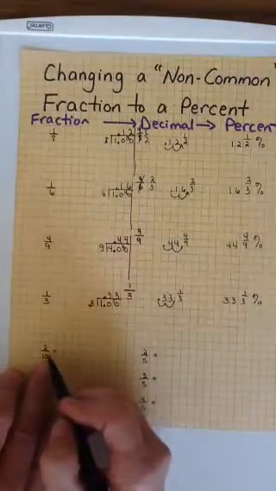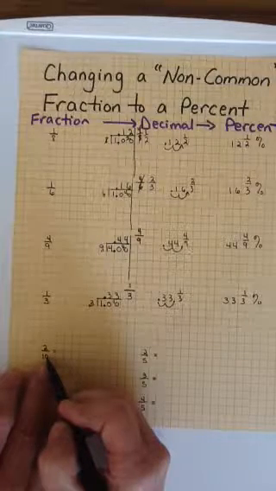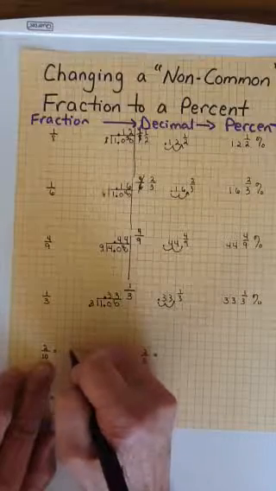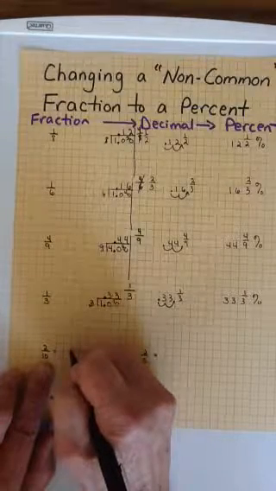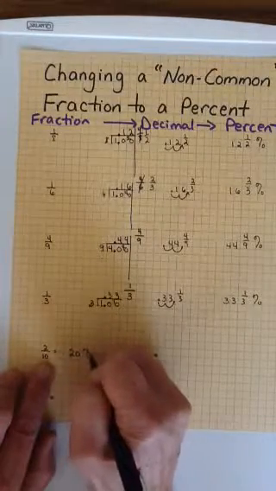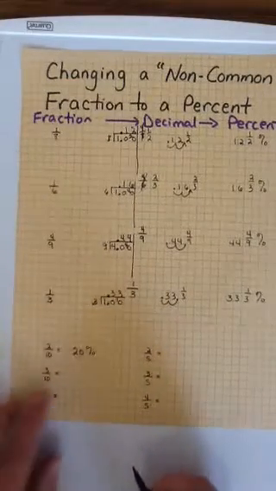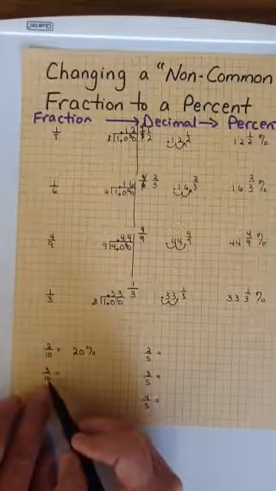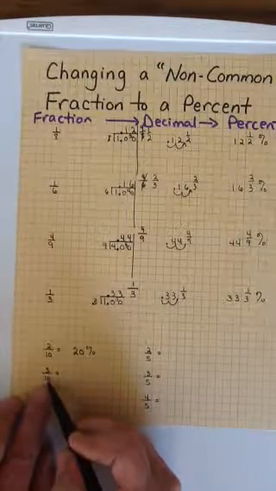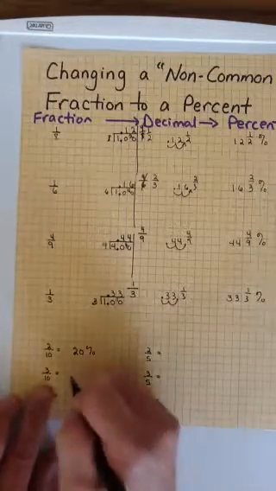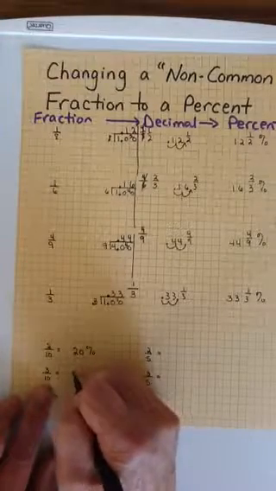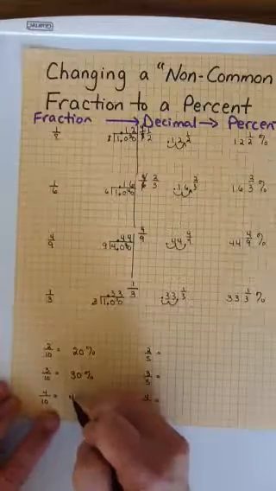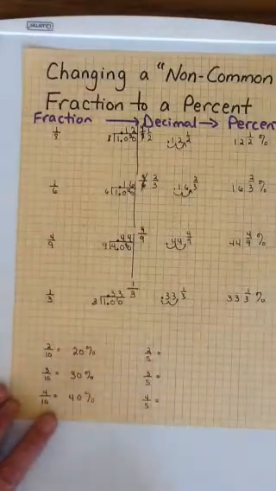So if you know that 1/10 is equal to 10%, then 2/10 would be equal to twice that amount, or 20%. If you know that 1/10 is equal to 10%, then 3/10 is equal to 3 times that amount. 3 times 10 is 30. So 4/10 would be equal to 40%.